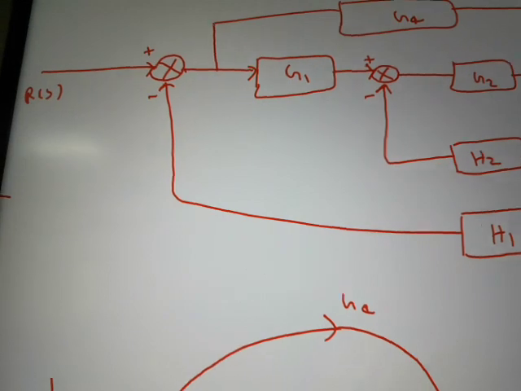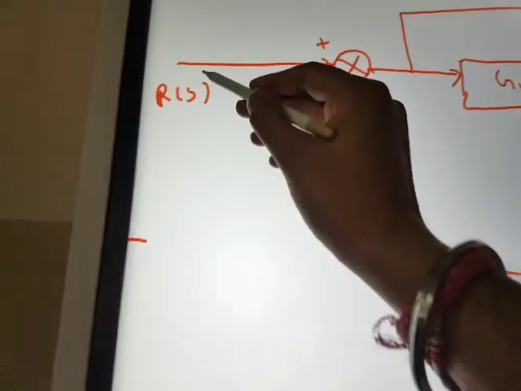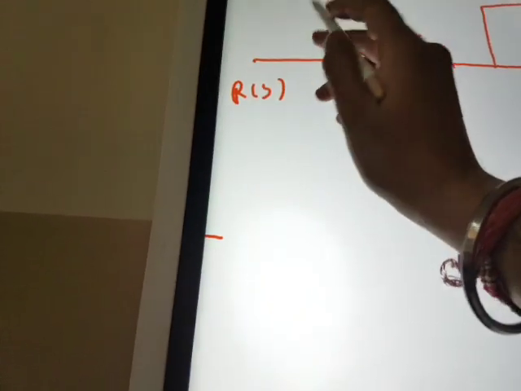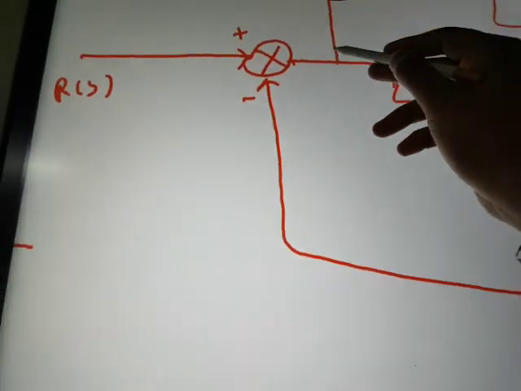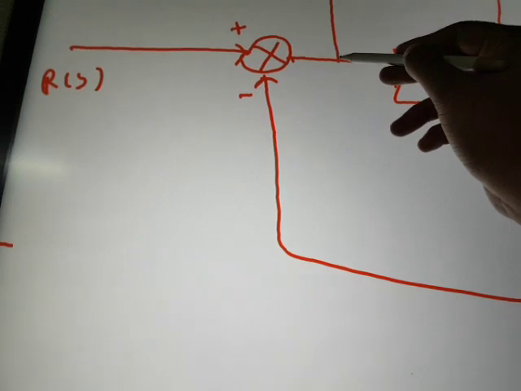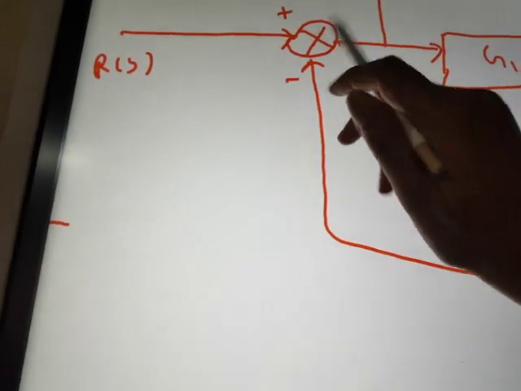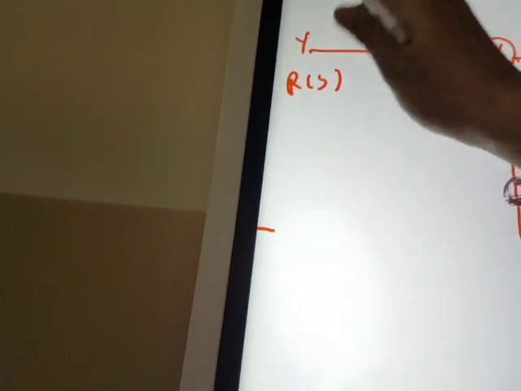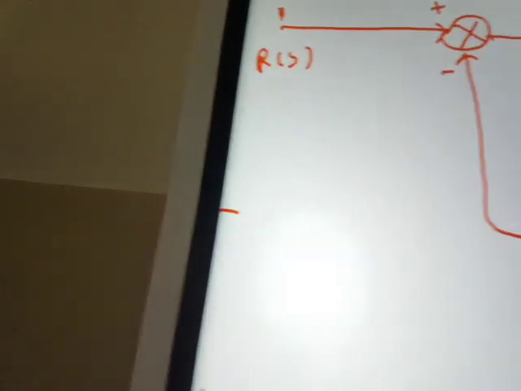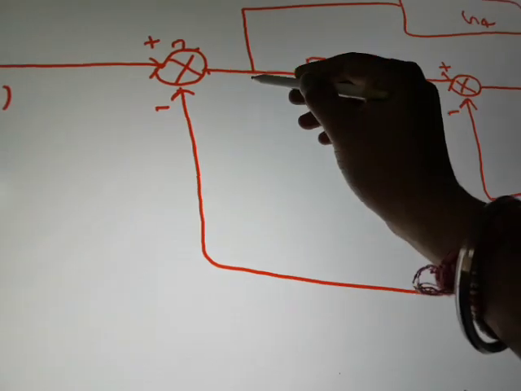Simply, all the points are nodes. This is R(s), one node; the summing node is one node. Here also one branch is going out, so this is also a node. Suppose this is one node, 1, 2, 3.